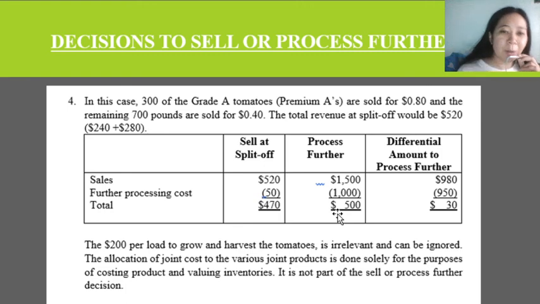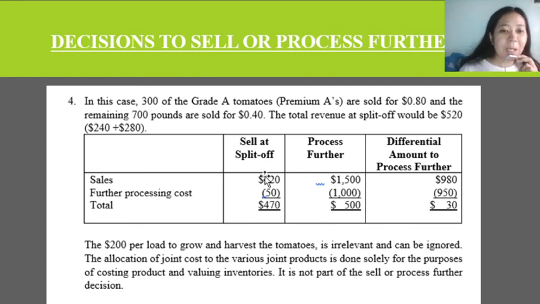If you could notice here, processing the tomatoes further into hot sauce will again give us a net benefit or increase in profit of $500, which is larger than that of selling them at split off point.